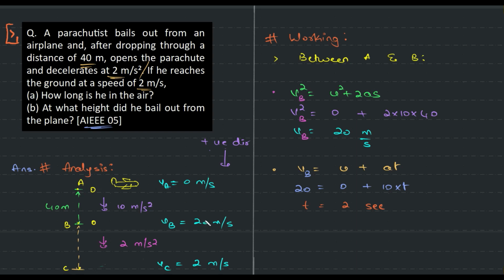Is that right? Oh no, S is 40, so v squared is 400, v is 20 root 2.